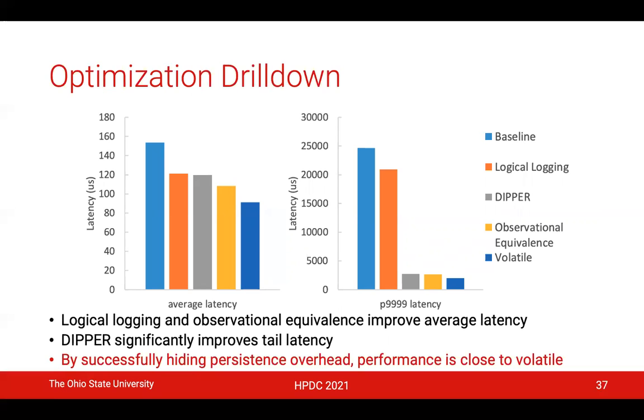So from the results, we can see that logical logging and observational equivalence optimizations help in improving the average latency, whereas the proposed Dipper approach significantly improves tail latency. So we find that by successfully hiding the persistence overhead, we can get performance very close to the theoretical peak or volatile implementation.